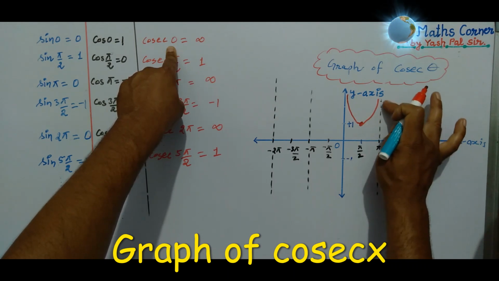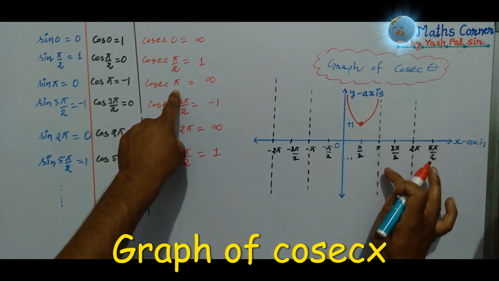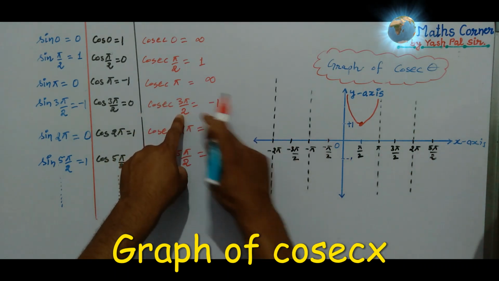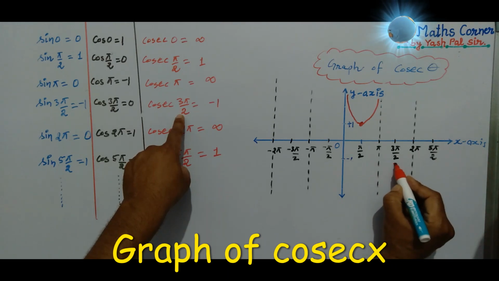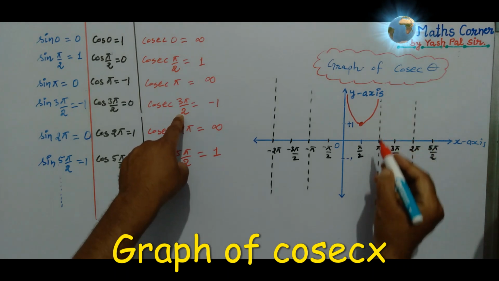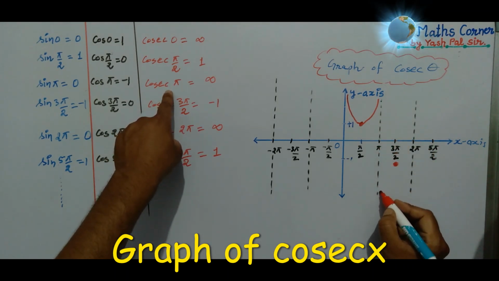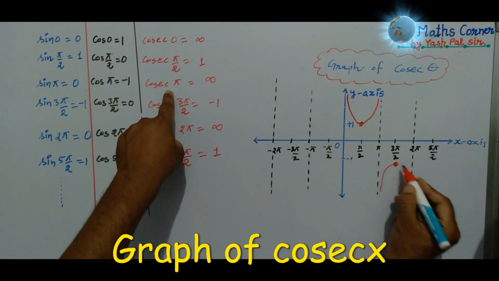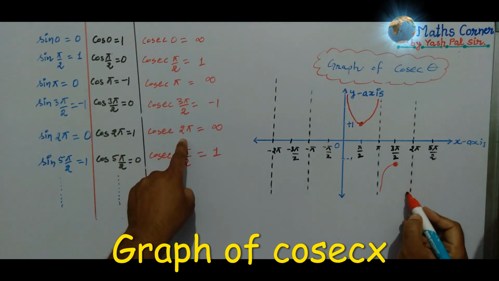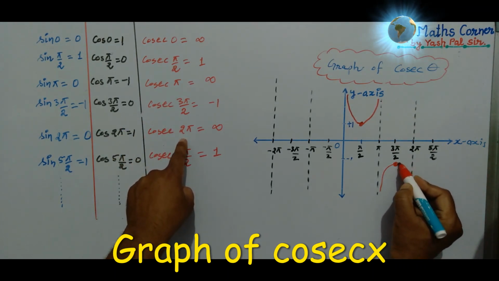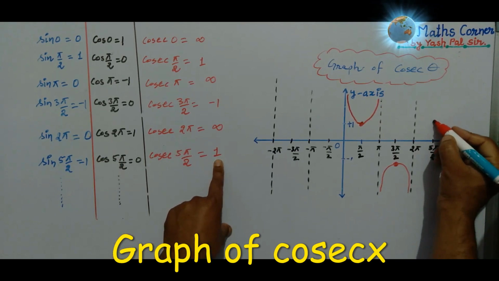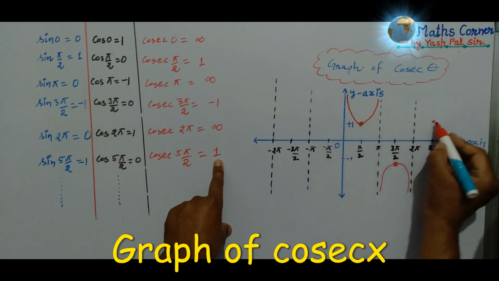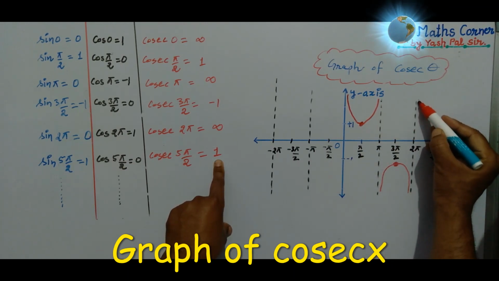At pi cosecant is also infinity, and cosecant 3 pi by 2 is minus 1. So minus 1 is here. This is the point from which this graph will pass. Because cosecant pi is infinity, so like this. Again cosecant 2 pi is infinity, so this way. Now cosecant 5 pi by 2 is 1, so this is 1. Okay, so the graph will be like this.